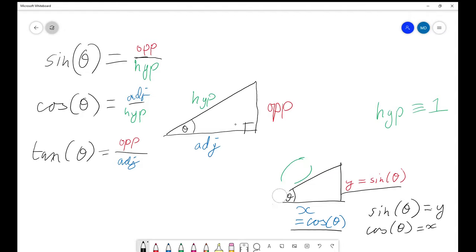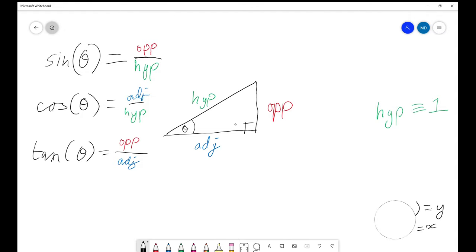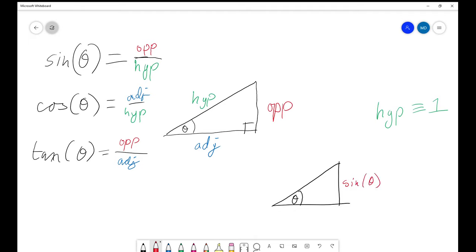So my triangle looks like this. Still have theta in the same place, but here we have sine theta, here we have cosine theta, and here we have just 1.